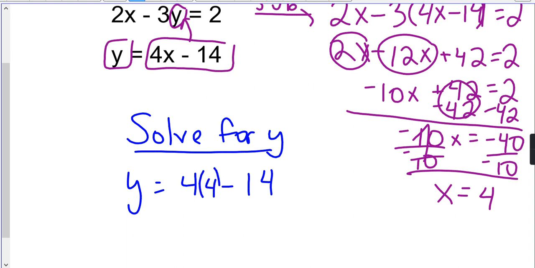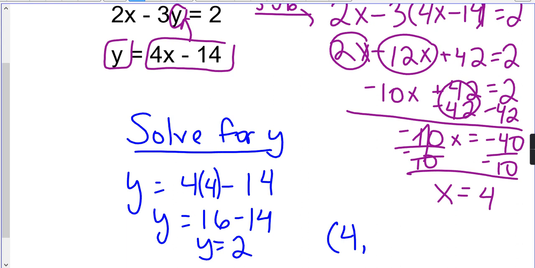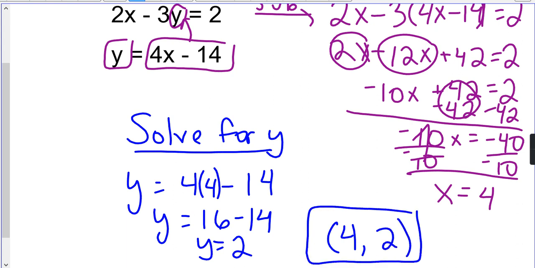So I have y equals 4 times 4, which is 16 minus 14, and y is equal to 2. So my solution is 4, 2. And of course, if you wanted to verify that you got that right, you would go back to the original equation, 2x minus 3y equals 2, substitute in 4 for x and 2 for y, and make sure that you get something that is a true statement.